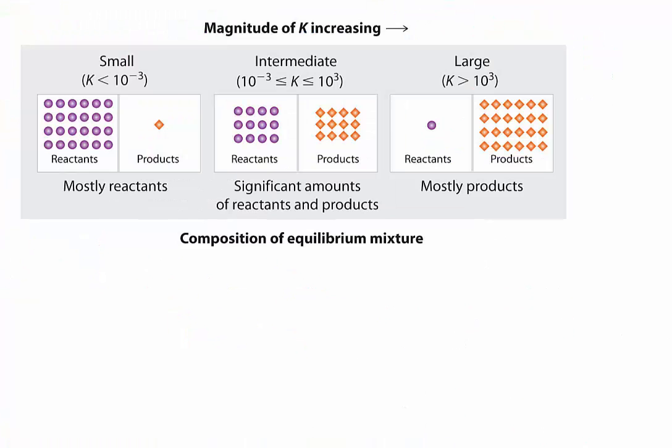We can look at this in terms of the equilibrium position for each of these K values. So for a small K value, there's mostly reactants, which means that the equilibrium favours the reactants. For large K values, there's lots of products, so the equilibrium favours the products.